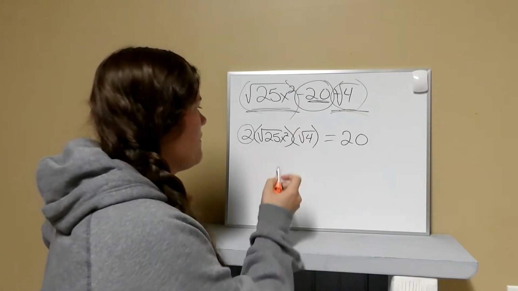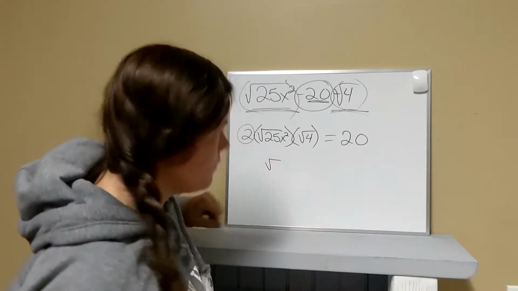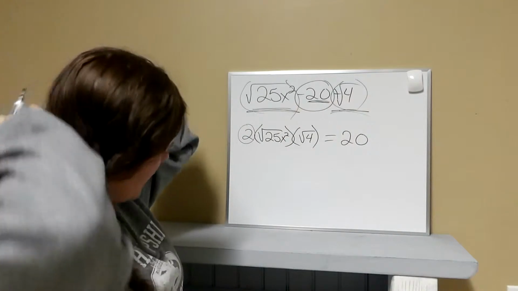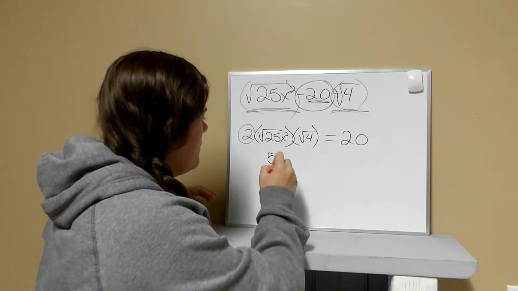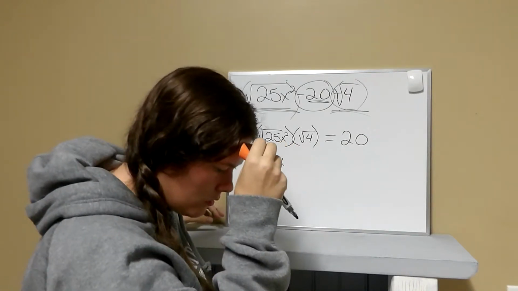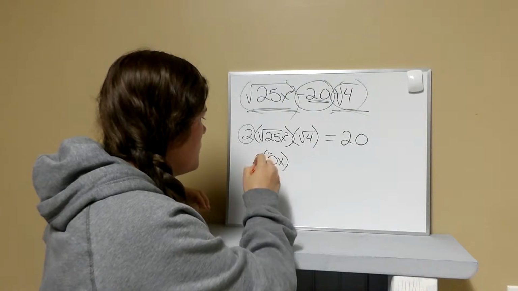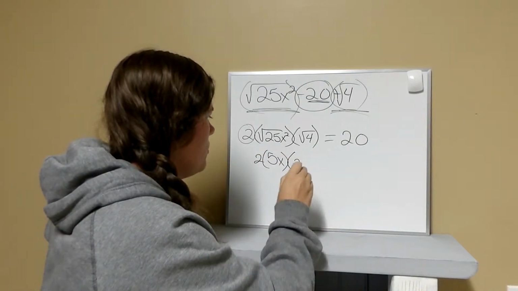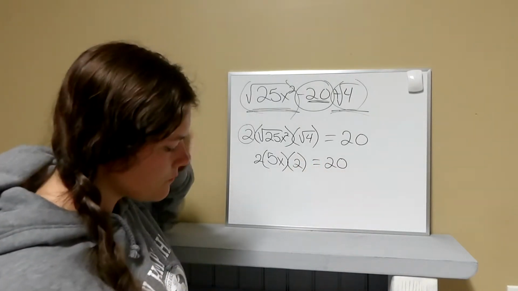So then 25x squared would be 5x, and then here you have the square root of 4, which is going to be 2, equals 20.